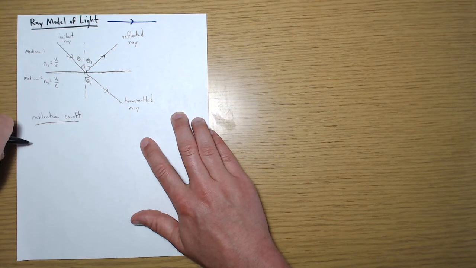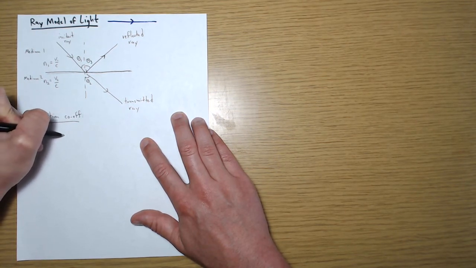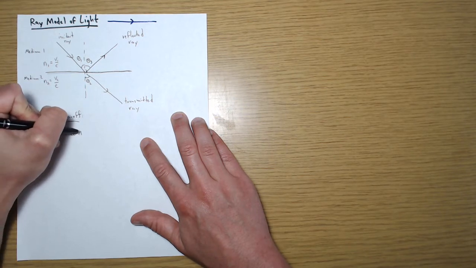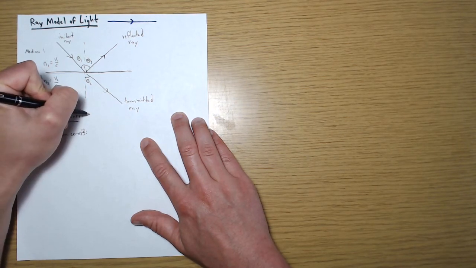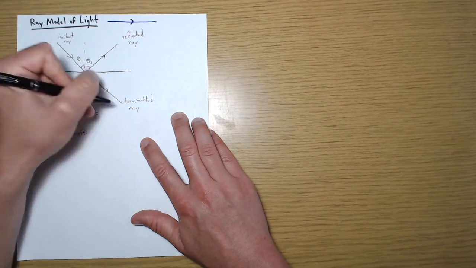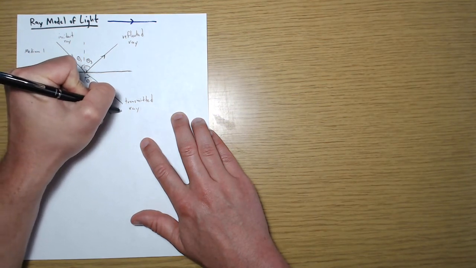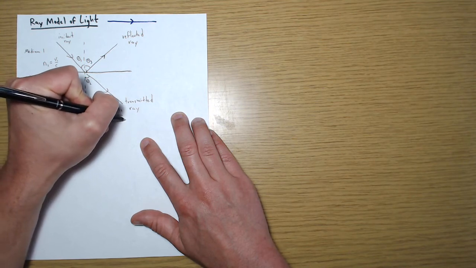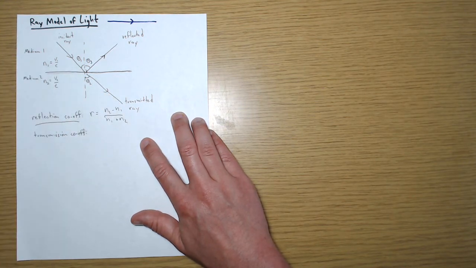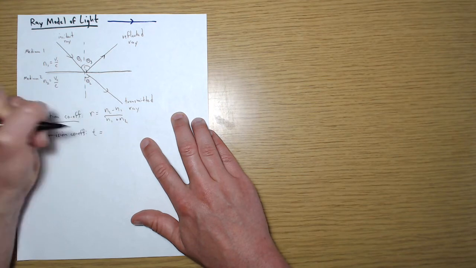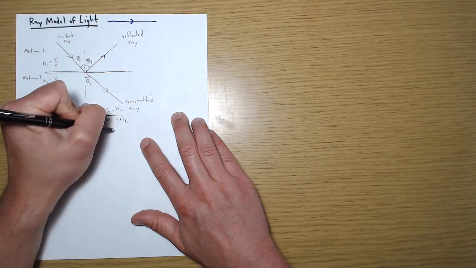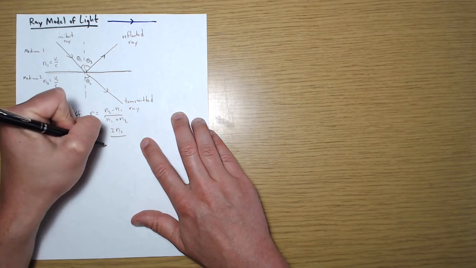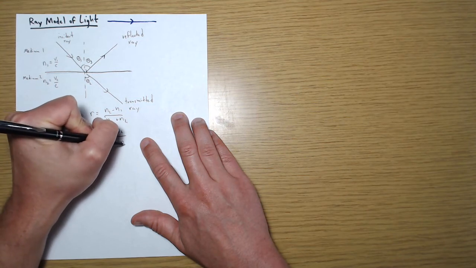So the reflection coefficient, little r, equals (n2 minus n1) over (n1 plus n2), and the transmission coefficient, t, is equal to 2 n2 over (n1 plus n2).